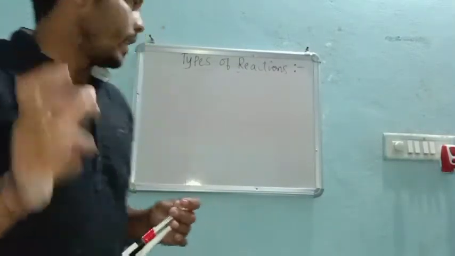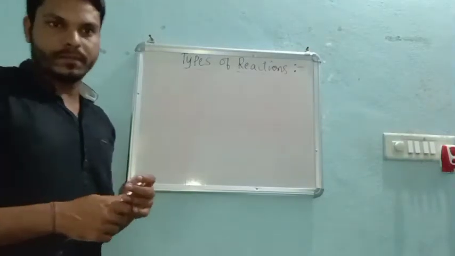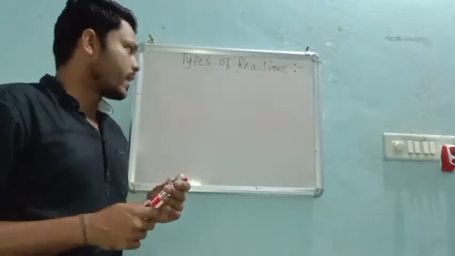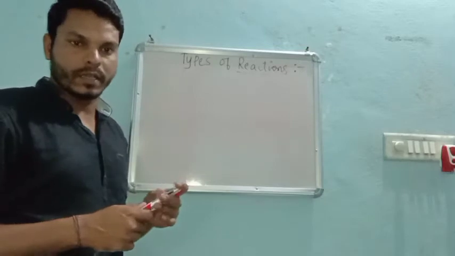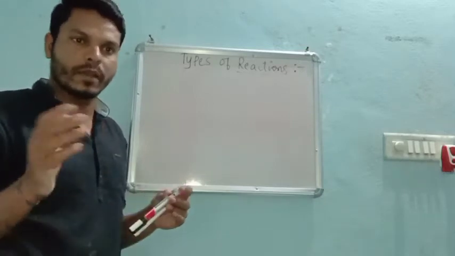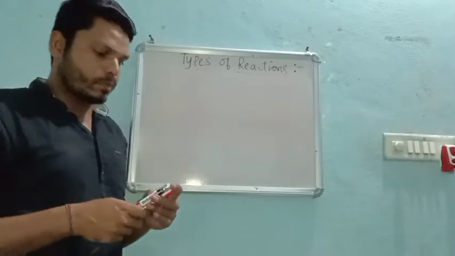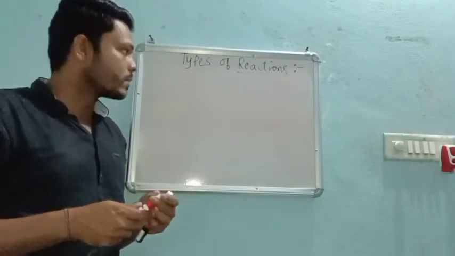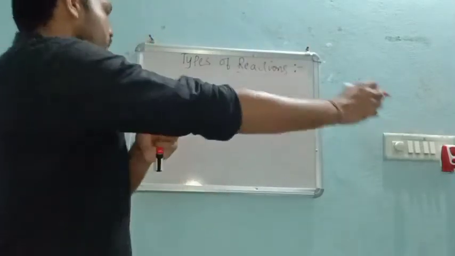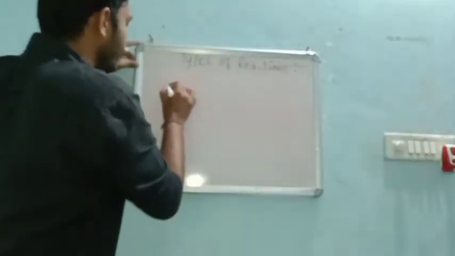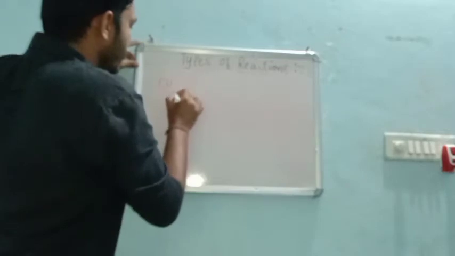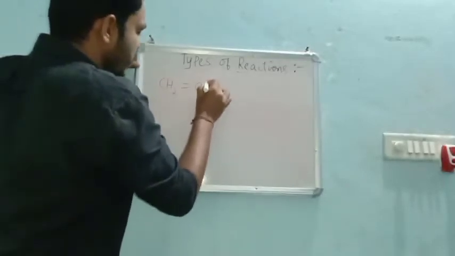In the last class, whatever assignment I have given, many of you tried and gave some answers. But see, dear students, in a single compound there may be two double bonds, no doubt.